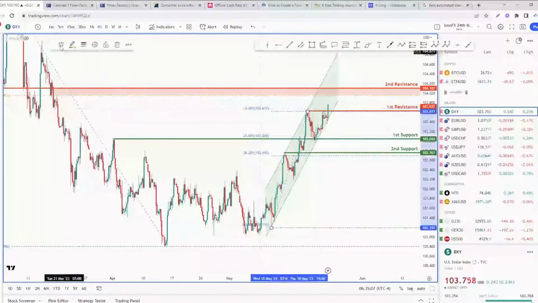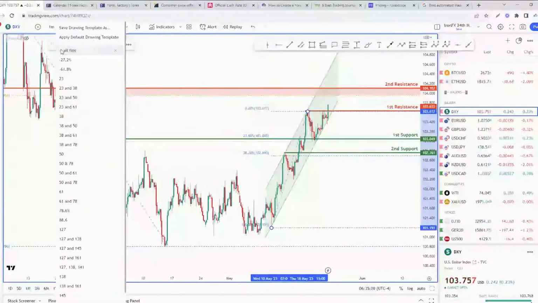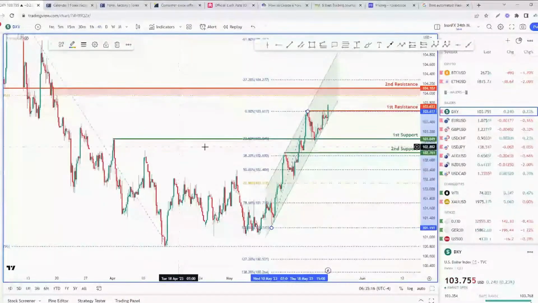When you run the Fibonacci retracement, you select all the fibs, and it gives you all the Fibonacci ratios here. On the upward leg of the move, the Fibonacci retracement levels identify potential support levels.